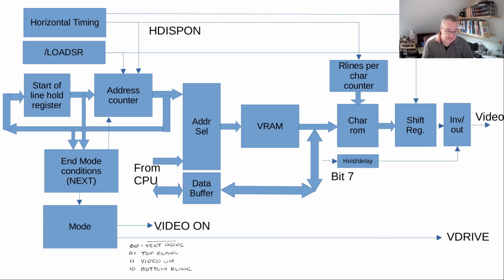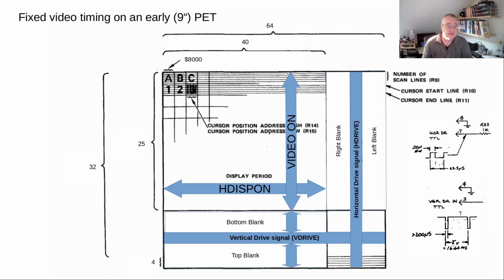When you look at the video on the mode and video on and read drive, this is the only information that gets into the vertical timing. And the vertical timing has 4 modes: vertical drive, top blank, video on, bottom blank. You can see that here: video on, bottom blank, vertical drive, top blank.